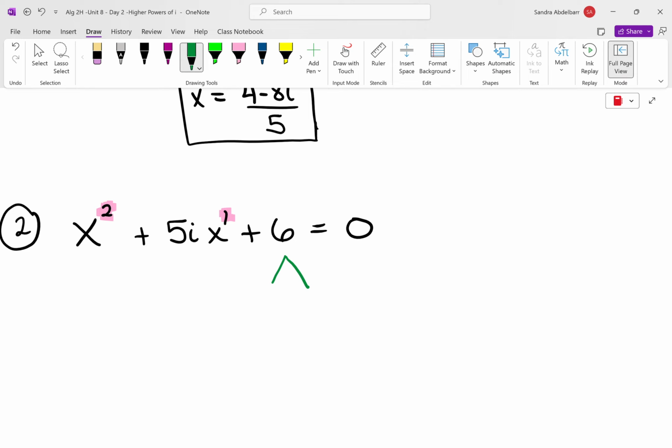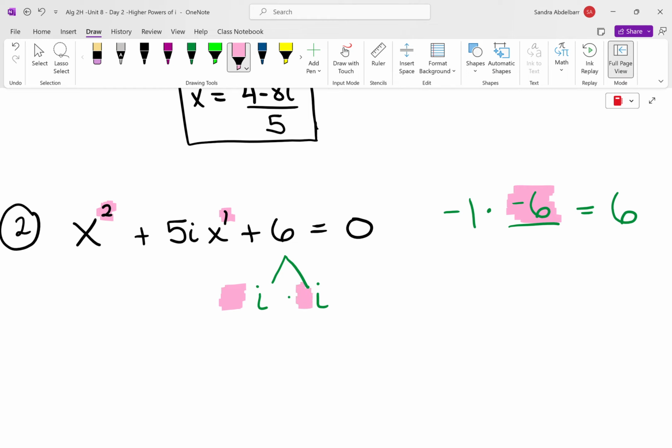So we need factors of 6 that add to 5i. Well, the only way to add to 5i is if both factors have an i in it. Do we agree? All right, well, now that's going to change things for us because i times i, isn't that -1? So now we need -1 times what number will give us +6? -1 times -6.